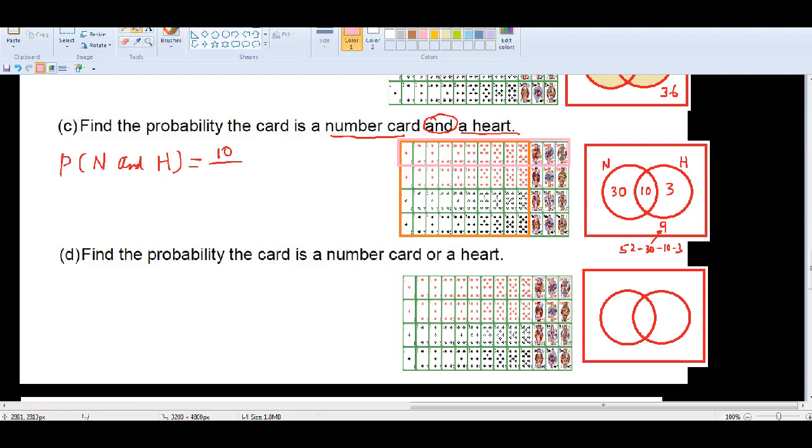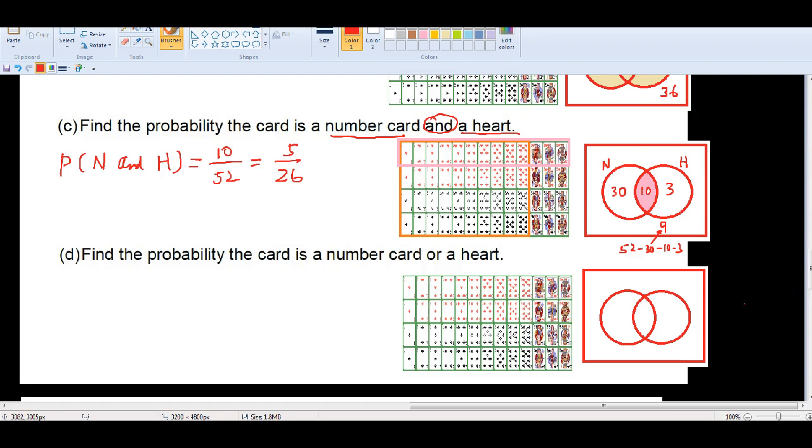Why? Well, we are interested in the cards that are both, because of the word "and", so you need to find the intersection of two events. Okay, so, and we just simplify that. Okay, you get the answer.